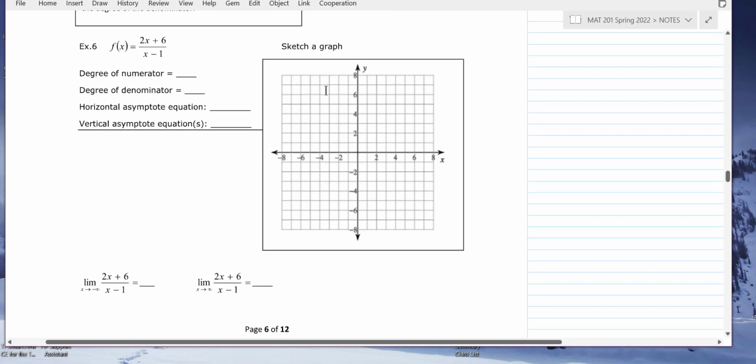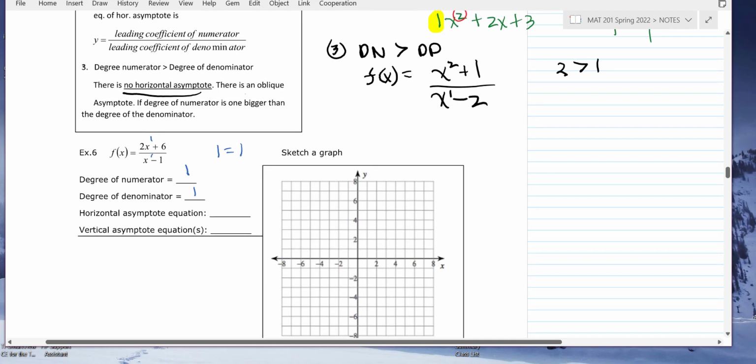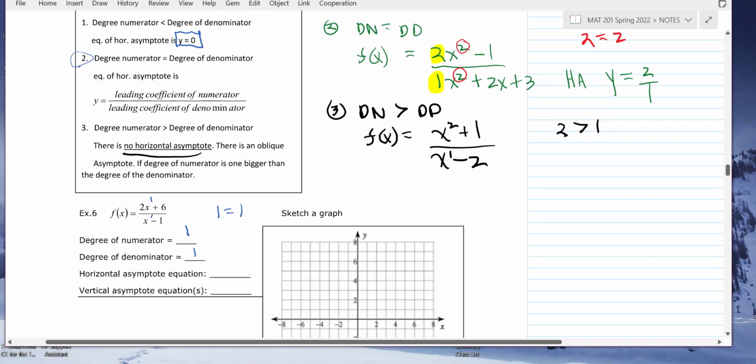Okay, so we're going to go down to example 6, and we'll run through this one and do this one together. So the degree of the numerator is 1. The degree of the denominator is also 1. So therefore, they are equal. So if 1 is equal to 1, then that would be rule number 2, the leading coefficients.